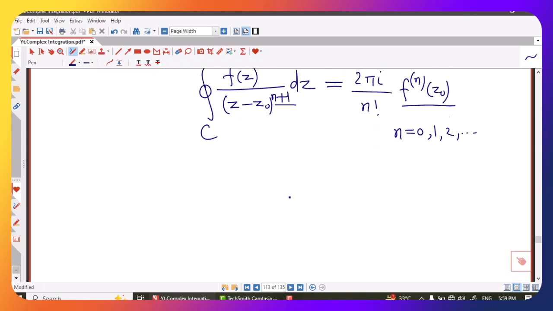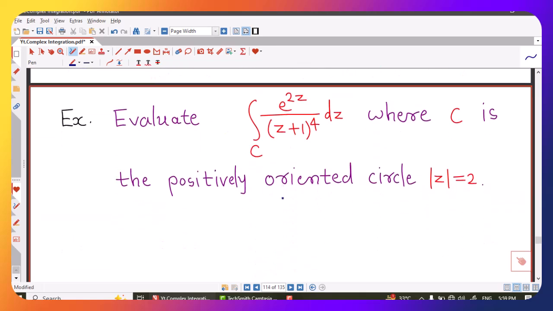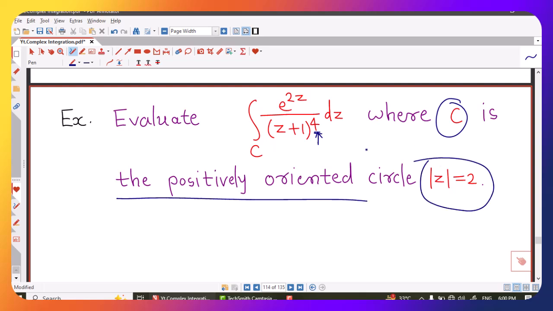So I have taken one example to explain this extension of the Cauchy integral formula. Here our function is e raised to 2z divided by z plus 1 to the power 4. We can see this power is greater than 1, and C is the positively oriented circle with center 0 and radius 2.